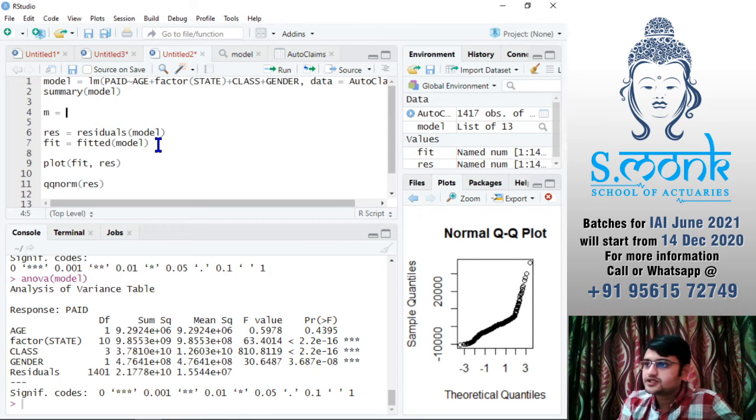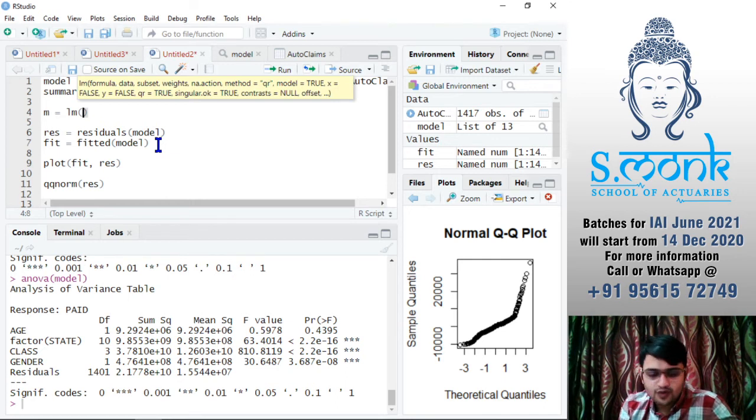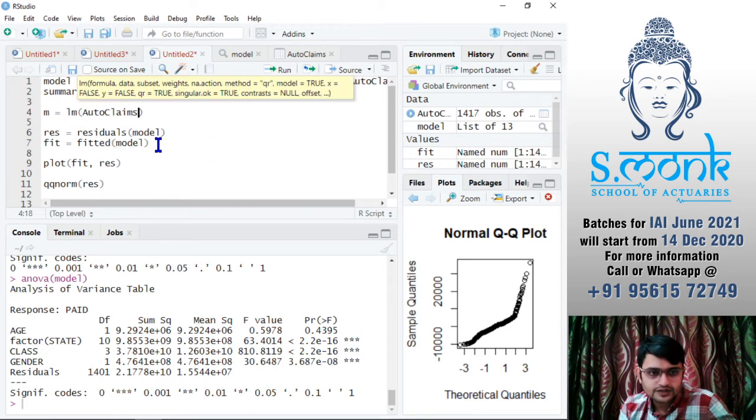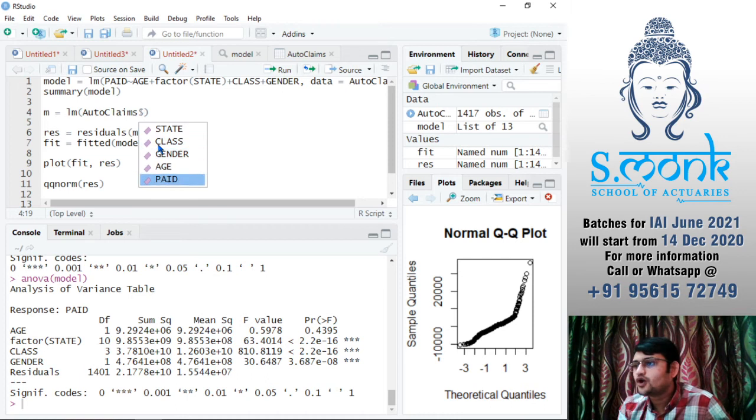Let's say M is equal to lm, and I will say my first response is coming from autoclaims. As soon as I start to write autoclaims, you can see here I have autoclaims. I'll press tab and press $, and now I have the options for all of these.